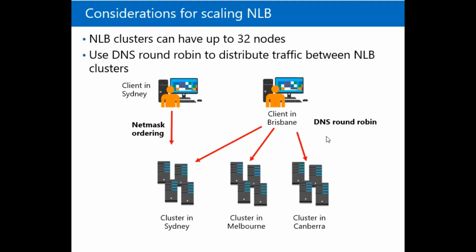They can send the traffic to the closest cluster and in a round robin format. So DNS actually has a lot of things to do in here. But that's the default characteristic of DNS, and these netmask ordering and DNS round robin features are already enabled.